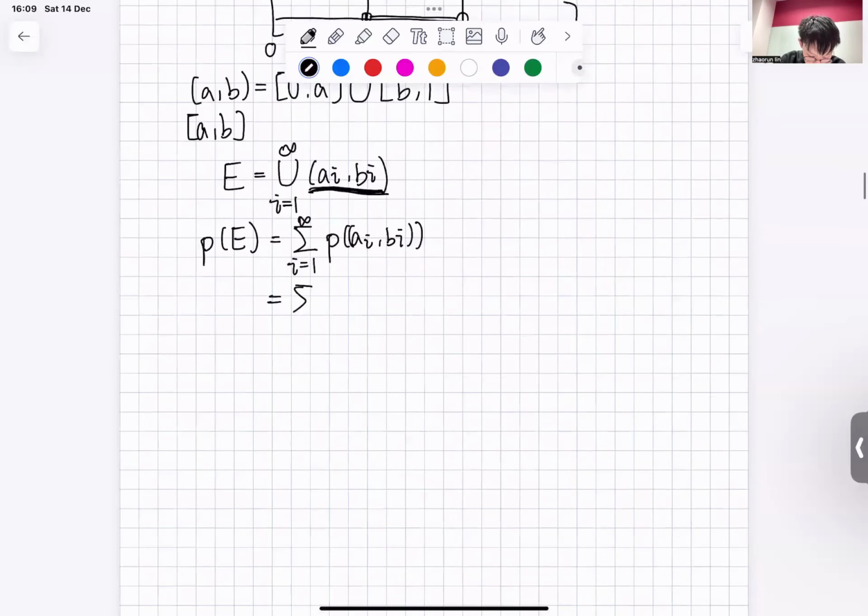As in question 1, each is B_i minus A_i. So the probability here is well defined.